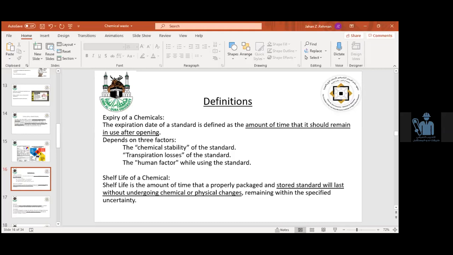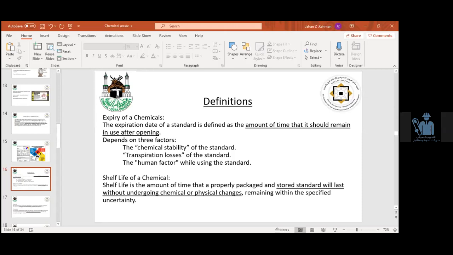For example, if you bring milk from the shop and by mistake you put some salt into the milk, or some drops of lemon, then it expired even in the first day, even in the first hour. So human factor is a different thing. The other 2 factors, chemical stability and transpiration loss, are normally time dependent. That is why every company gave the expiry date of chemicals.